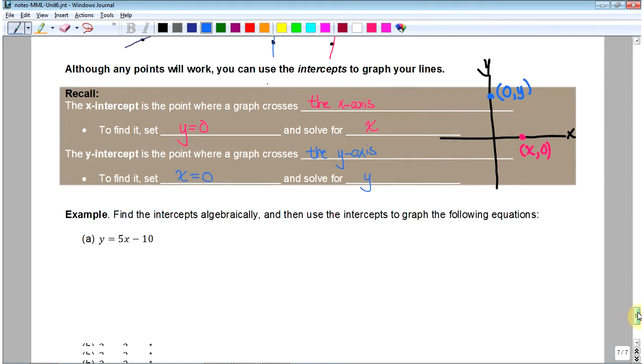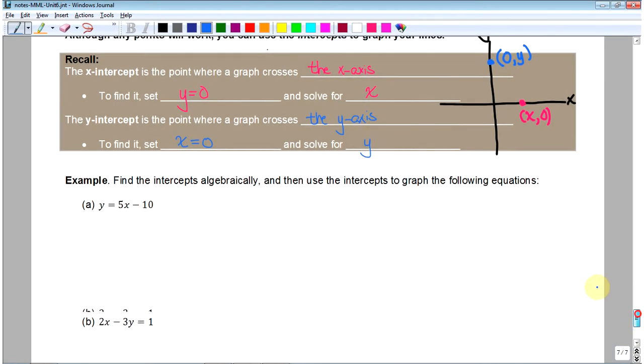So in this example, we want to find the intercepts algebraically. Algebraically means you want to show your work. And then use the intercepts to graph the following equations. Okay, so let's start off with our x-intercept. To find the x-intercept, we set y equal to 0.